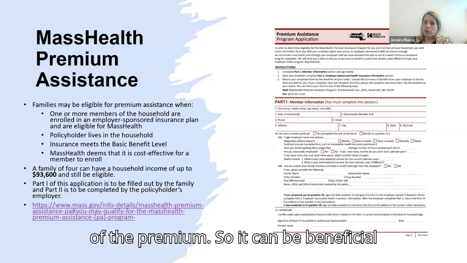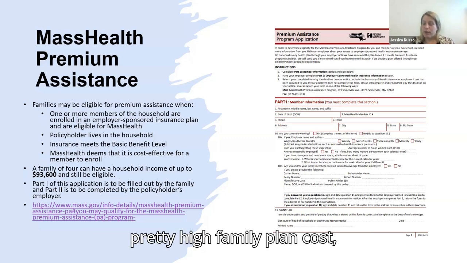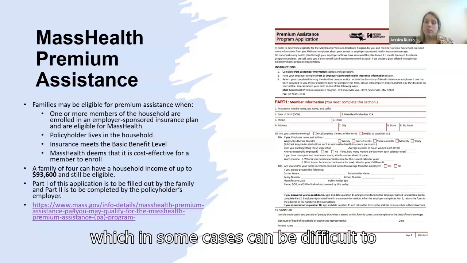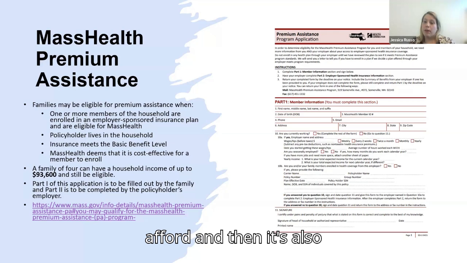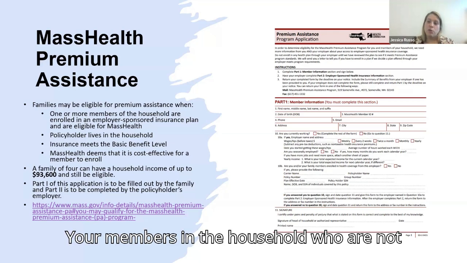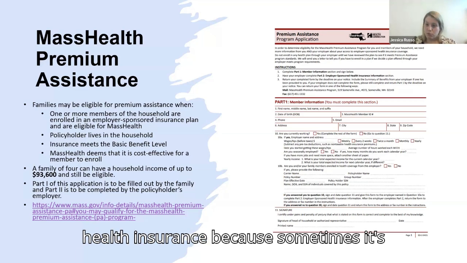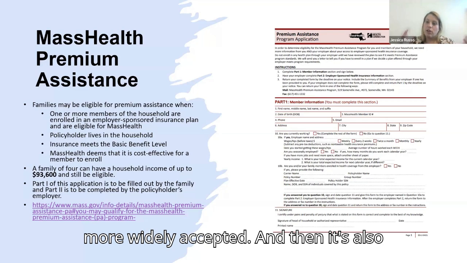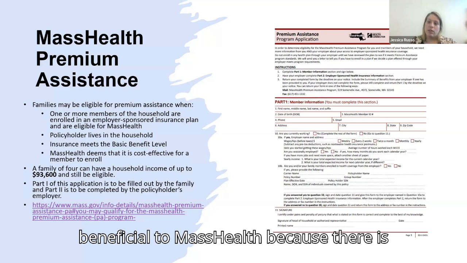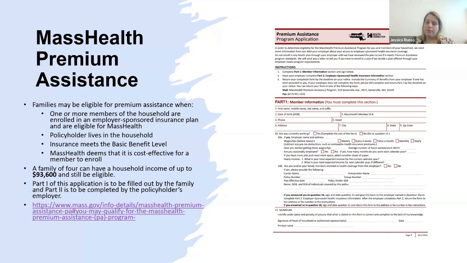So it can be beneficial to the family because it helps cover that pretty high family plan cost, which in some cases can be difficult to afford. And then it's also beneficial to your members in the household who are not on MassHealth only. They have primary health insurance because sometimes it's more widely accepted. And then it's also beneficial to MassHealth because there is a primary payer source with MassHealth paying secondary.